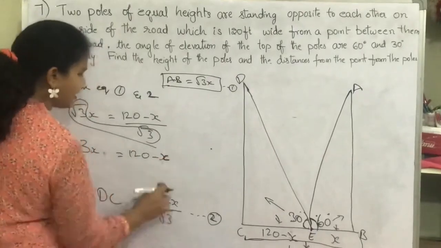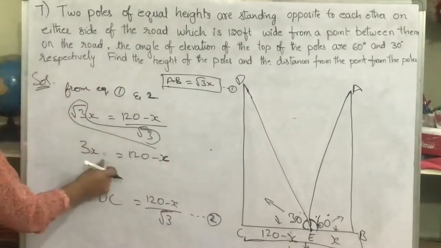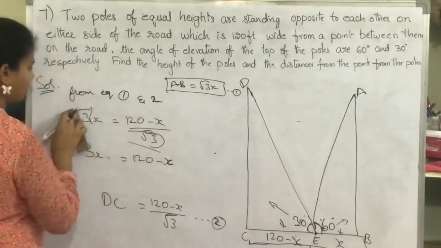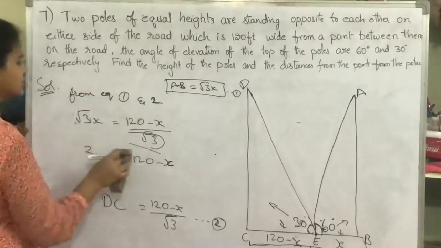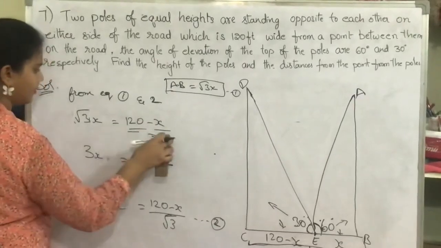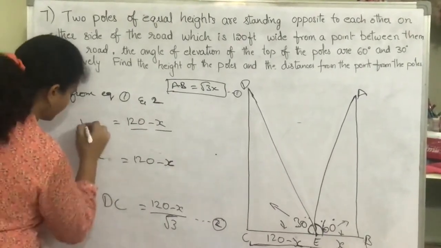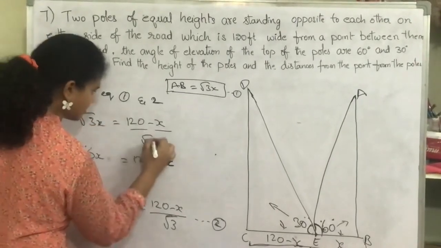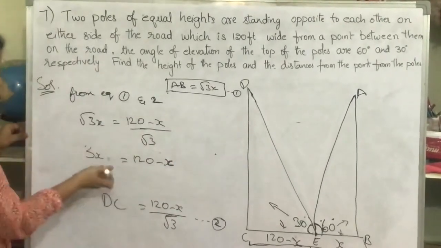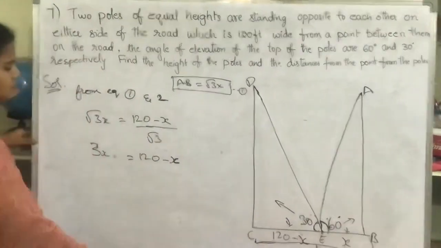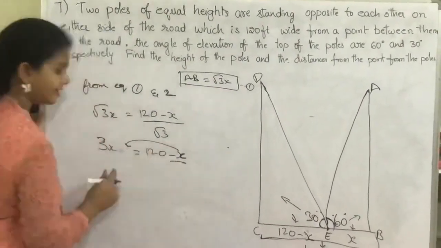Where 3x equals 120 minus x, right? Now just carry this minus x to the other side.